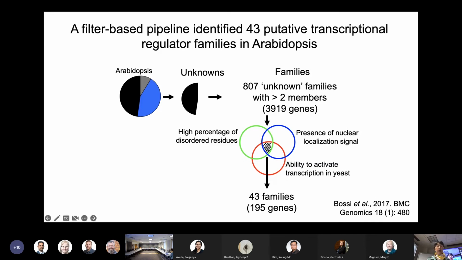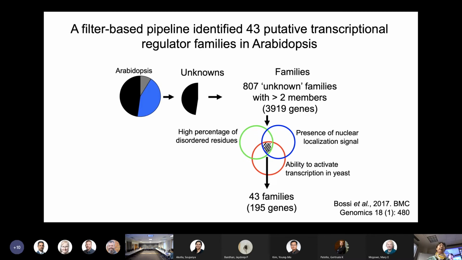So what we did was take the set of unknown genes from Arabidopsis, group them into families based on sequence similarity, and then use characteristics that we felt would be enriched in transcriptional regulators, things like being predicted to localize in the nucleus, having the ability to turn on the transcription of a reporter gene, which is what's called autoactivators in two-hybrid assays, and the high propensity of having disordered regions, which statistically is enriched in transcriptional regulators.